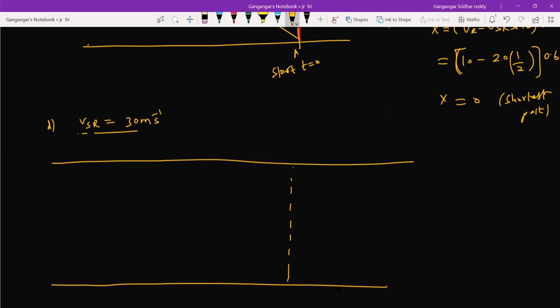Let me take a diagram like this. This is the start point. This is theta. This is the velocity of the river.